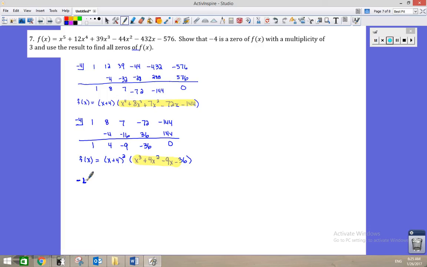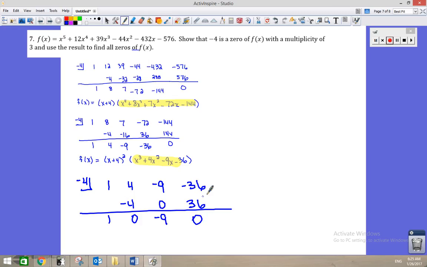So if I have negative 4, and I have 1, 4, negative 9, negative 36, I've got 1, negative 4, 0, 0, negative 9, 36, that's 0.